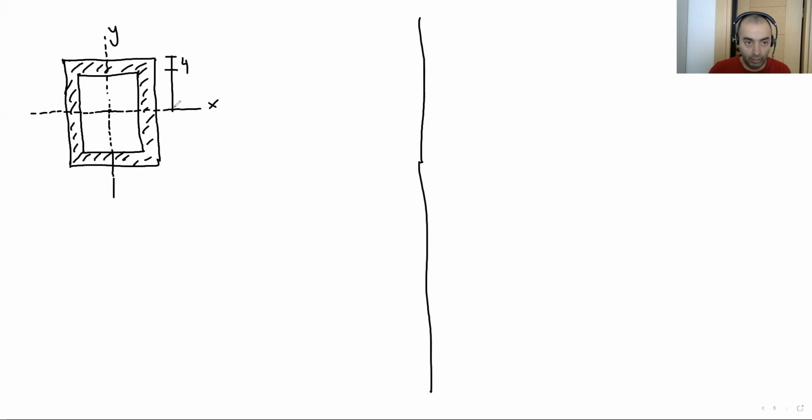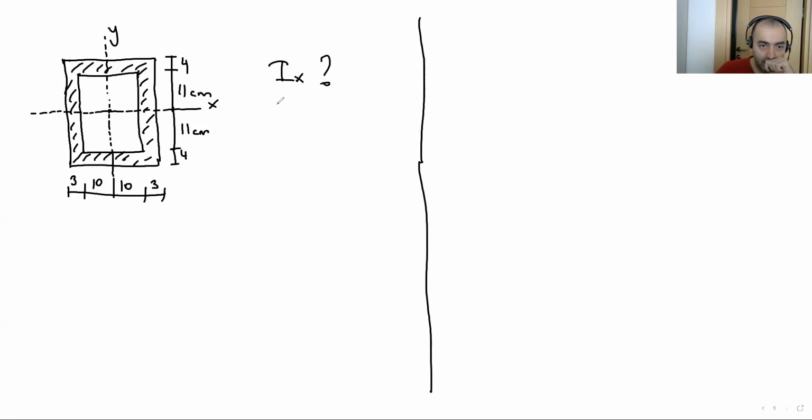Here is 4, 11 centimeter. And then in the horizontal direction, here we have 3, 10, 10, 3. Okay, what are we looking for? We are looking for Ix and Iy.